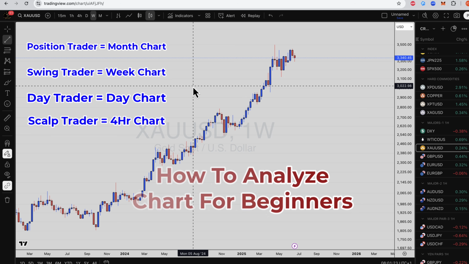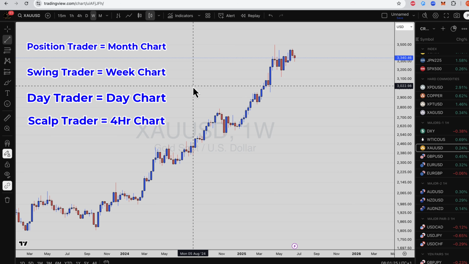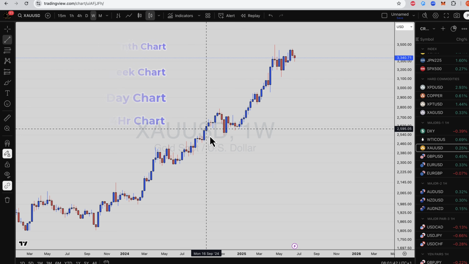So as a swing trader, the first thing I want to do before I implement any trading concept is to mark my major support and resistance, because these are the boundaries where price has the chance to reverse or to break out, or where there is massive liquidity in the market.